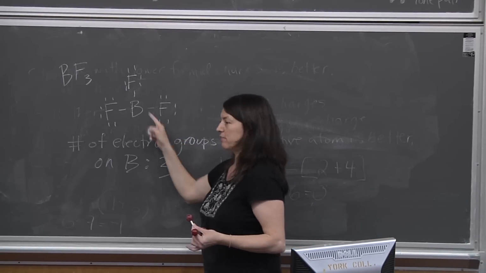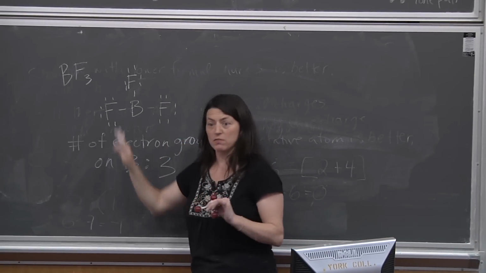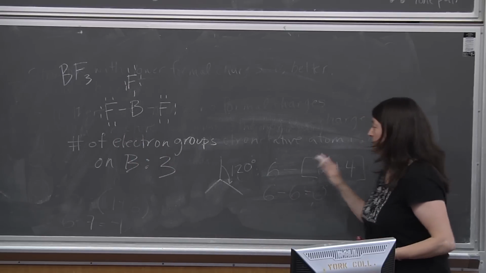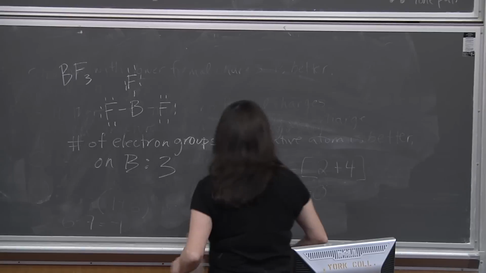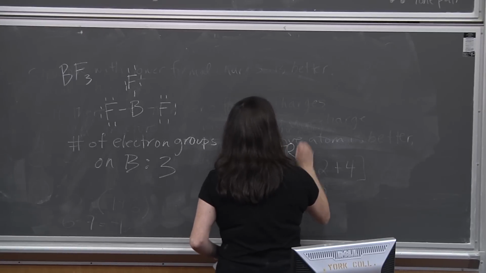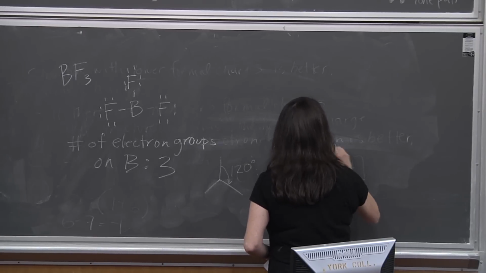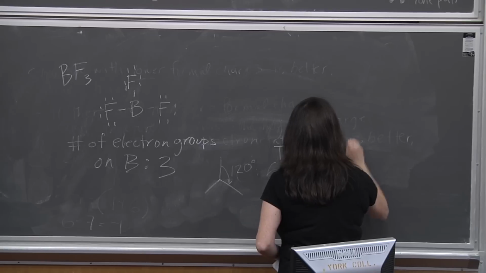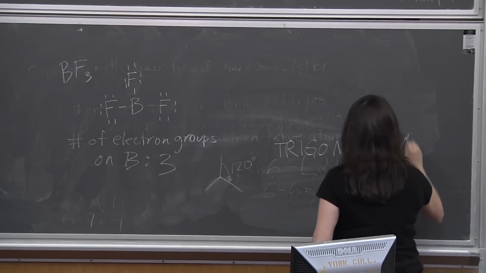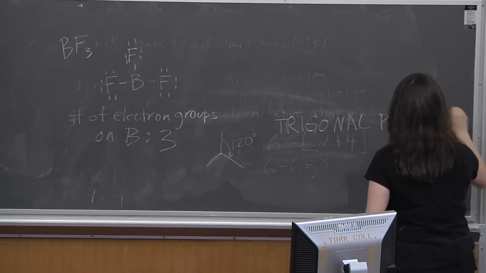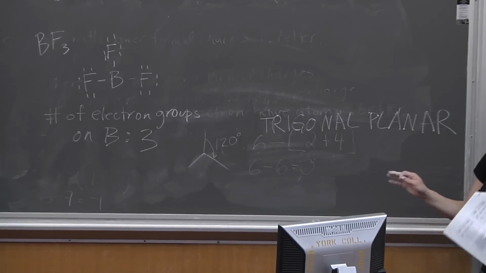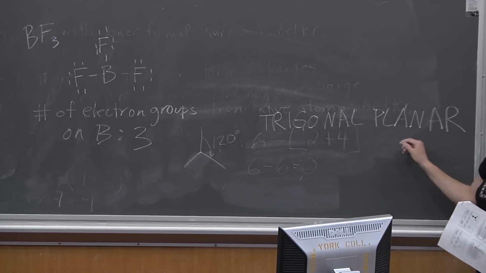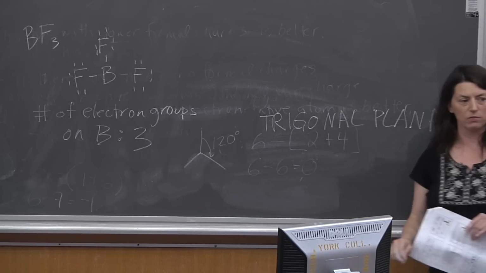So I didn't draw this with the nice triangle shape. It doesn't matter. This was just my dot structure. This shape now is called trigonal planar, which really just means flat triangle. Planar is flat, trigonal triangle, so trigonal planar.